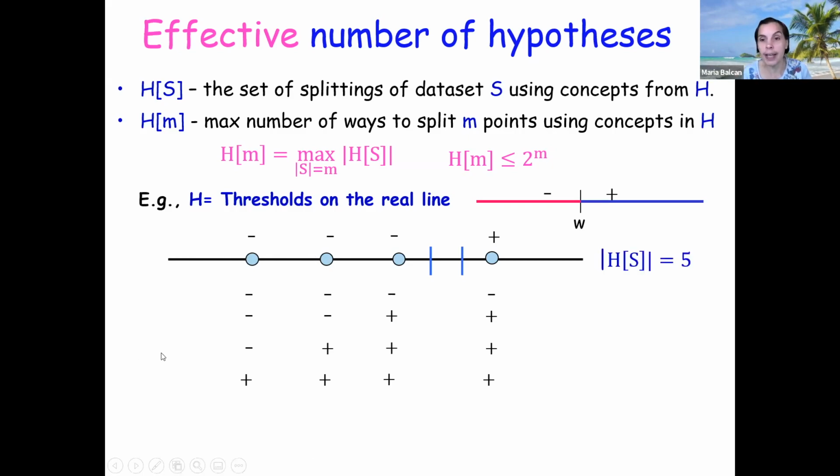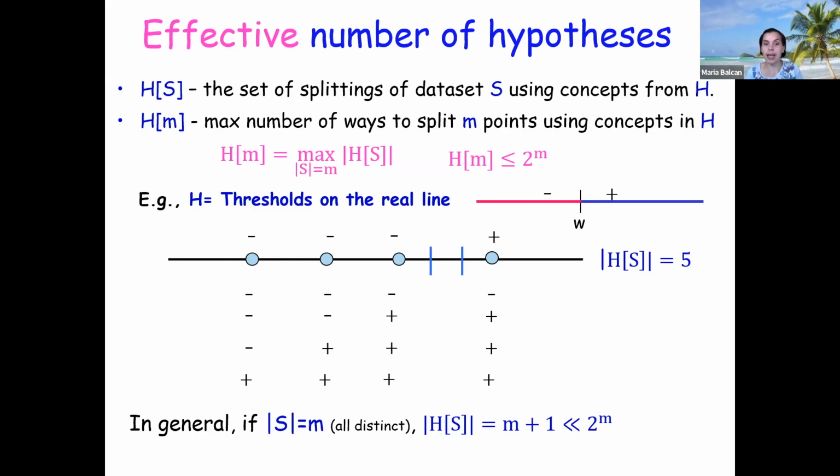And in general, if I have M distinct points, then the number of labelings that I can achieve with thresholds is only M plus 1, which is of course much smaller than 2 to the M, the number of possible labelings achievable in principle if I use any type of classifier.